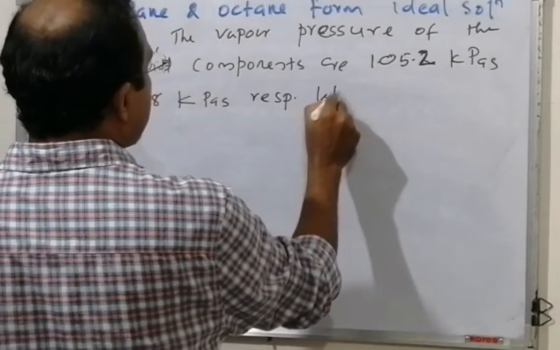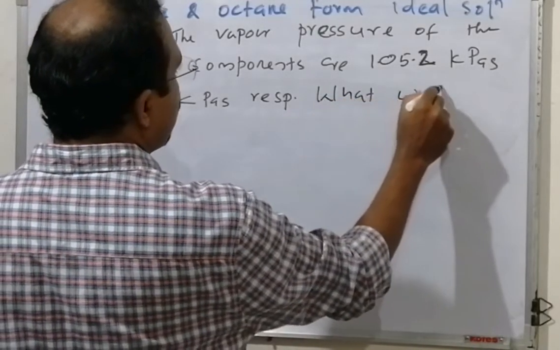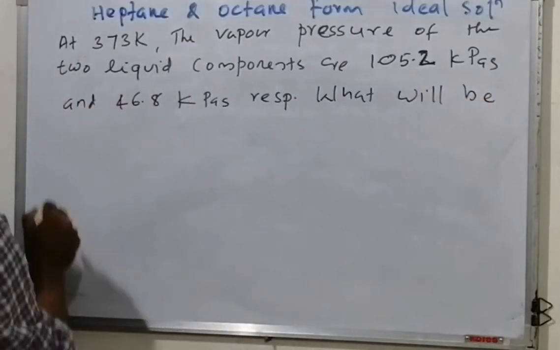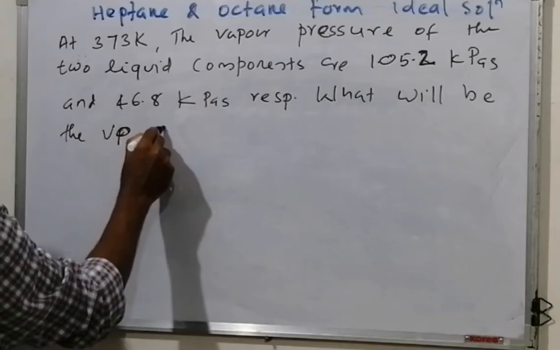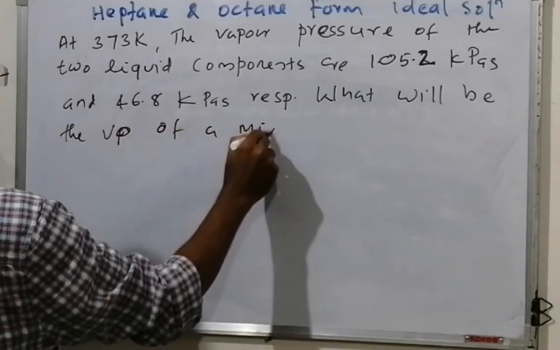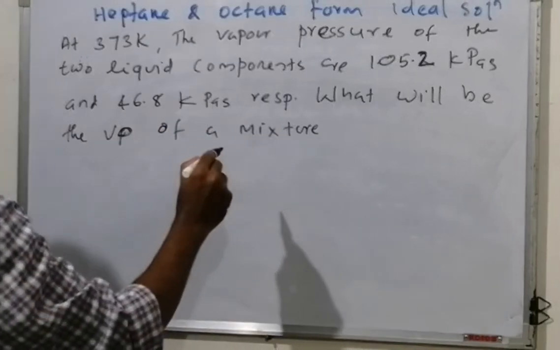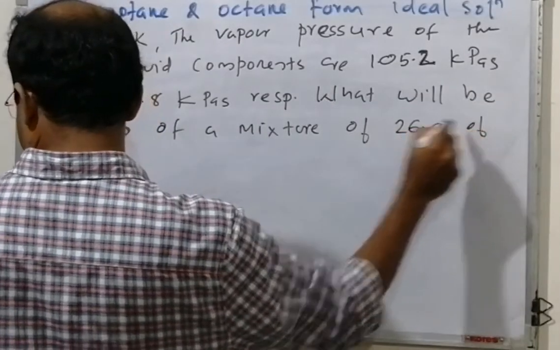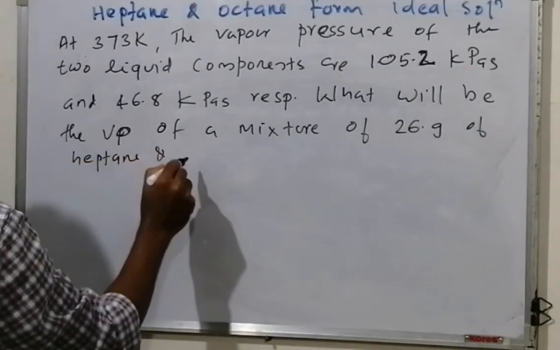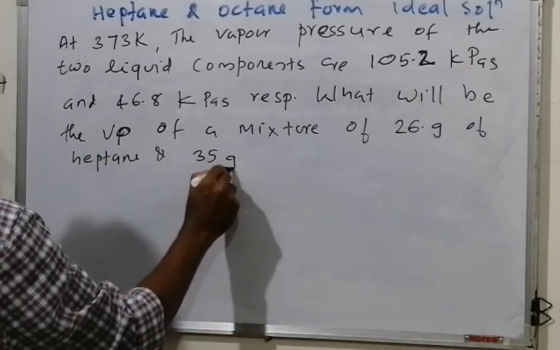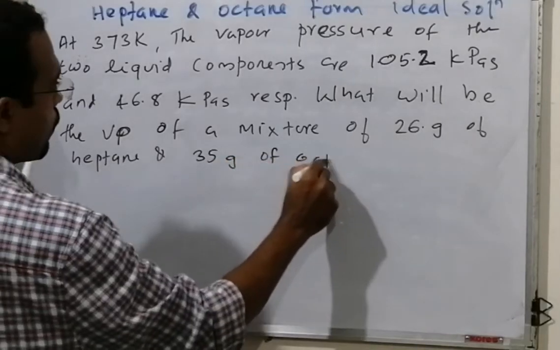What will be the vapor pressure of a mixture of 26 gram of heptane and 35 gram of octane?